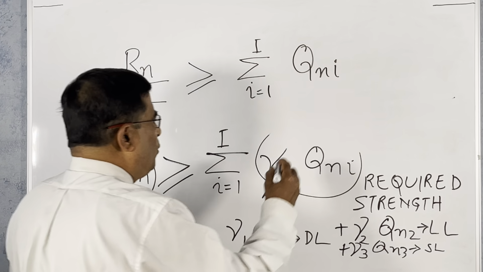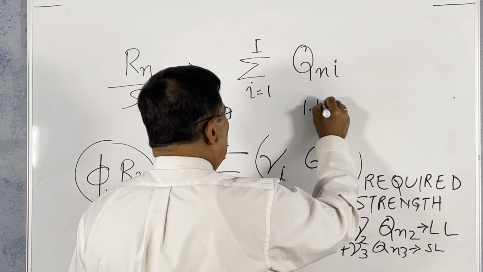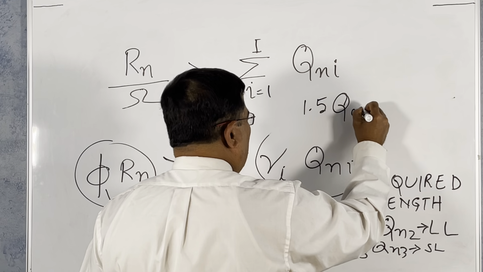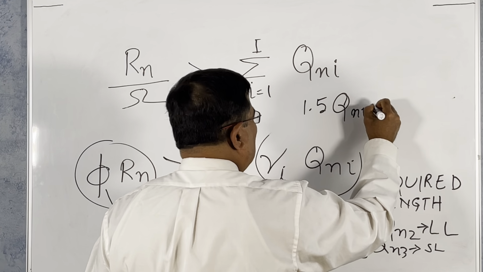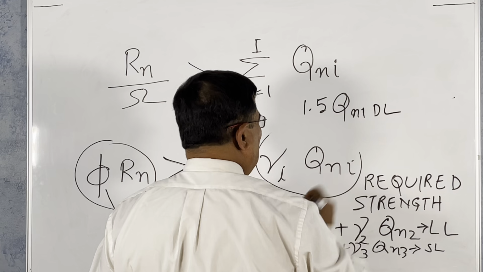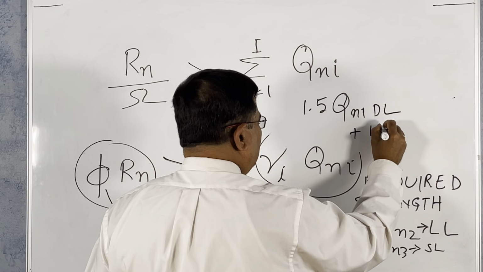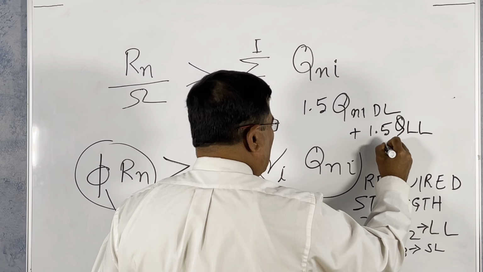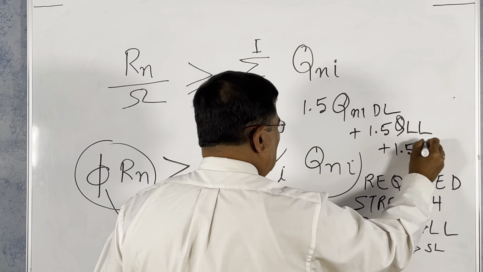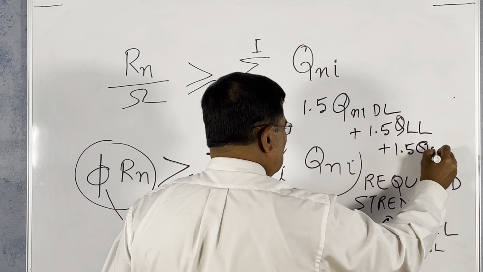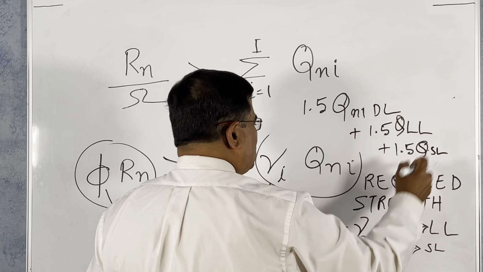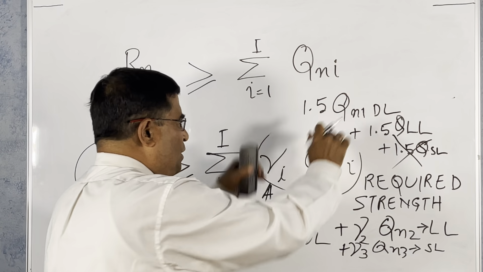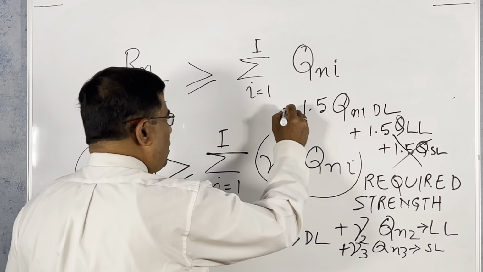So here one load combination is 1.5 for dead load plus 1.5 for live load plus 1.5 for snow load. But when snow is not there, you don't have to consider it. This is one combination. There are other combinations also.